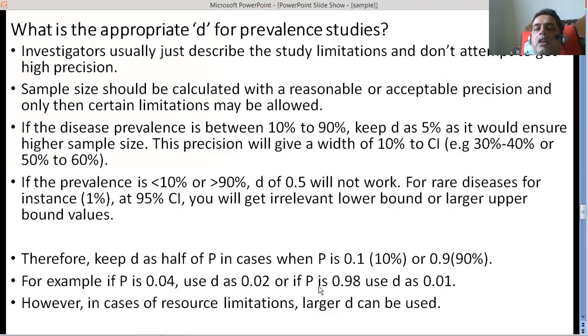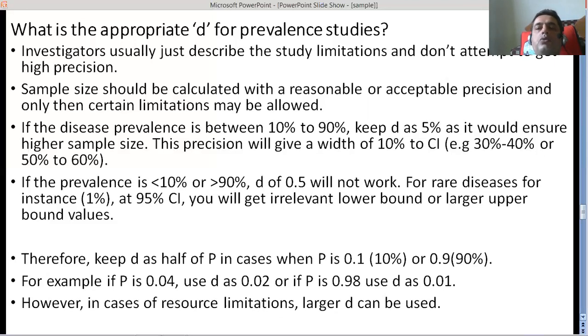In this case, if P is 0.98, or the disease is more than 90% prevalent, then you should use this particular value of 0.01, not the half that we have used where the disease is between 10% and 90%. However, in cases of resource limitations, larger D can be used.